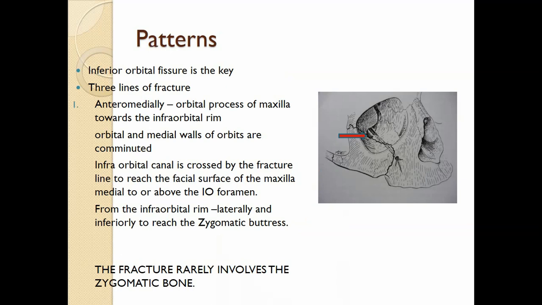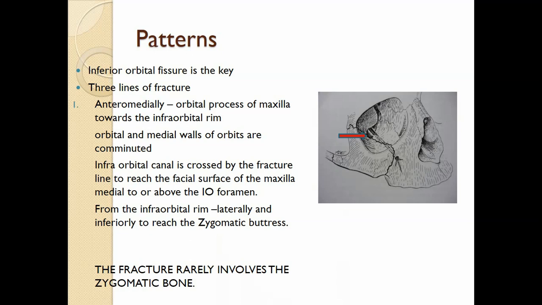There are three lines of fracture. The first one goes anteromedially, across the orbital process of the maxilla towards the infraorbital rim and into the orbit, and the medial walls of the orbit are comminuted. Then it passes through the infraorbital canal and the fracture line reaches the facial surface of the maxilla, medial to or above the infraorbital foramen.